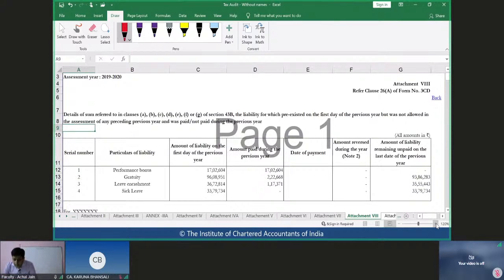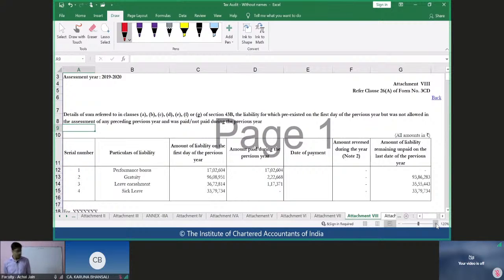It says details of sums referred to in clauses A, B, C, D, E, F, G of section 43B, the liability which pre-existed on the first day of the previous year, but was not allowed in the assessment of any preceding year, and was paid or not paid during the previous year.